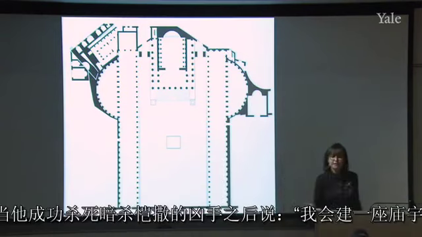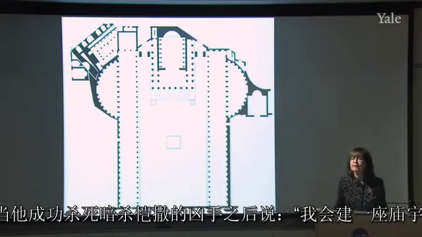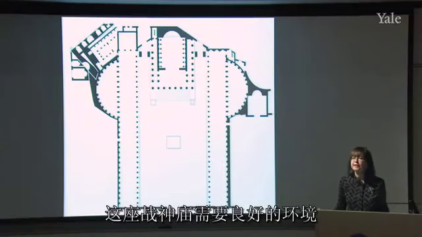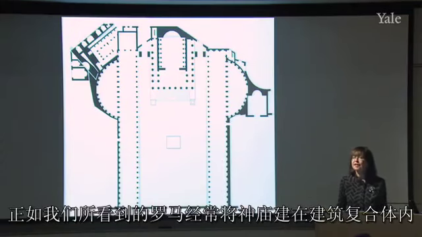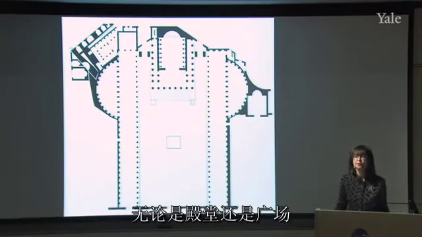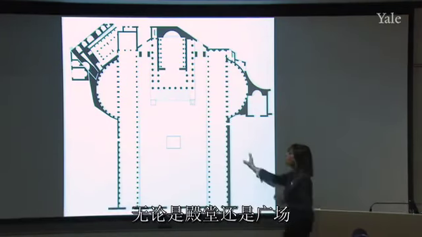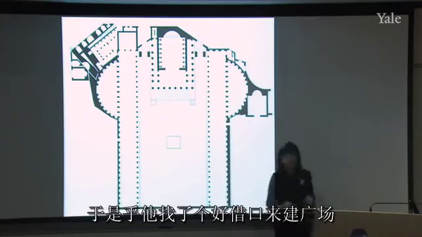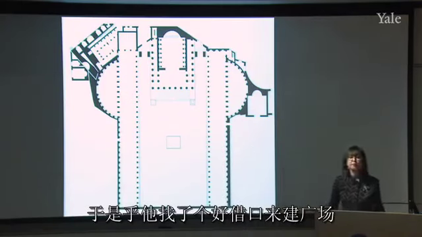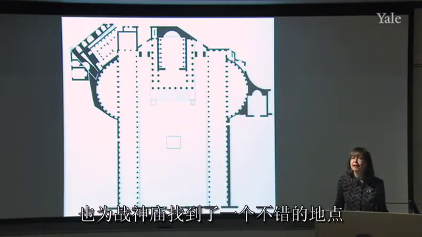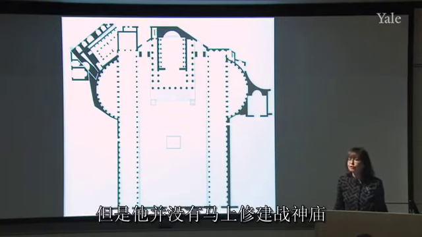And so when he was successful, he said, I will build that temple, and that temple needed an environment. As we've seen, Romans often built temples inside complexes, whether sanctuaries or forums, and so he had a good excuse to build a major forum in Rome as a domicile for the temple of Mars Ultor. He didn't get around to it for a while.